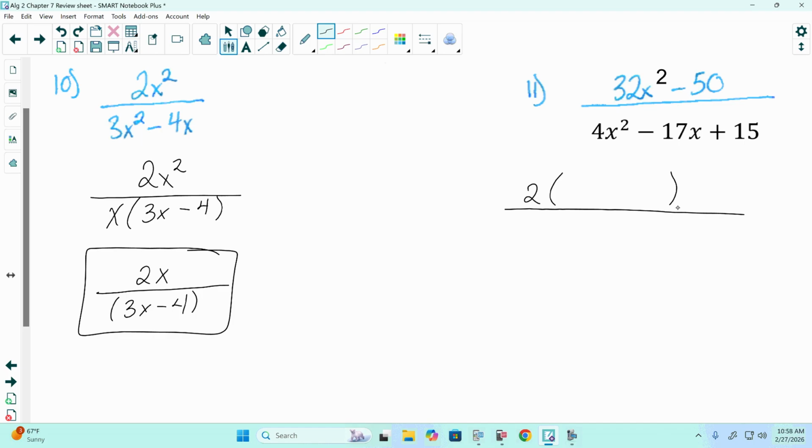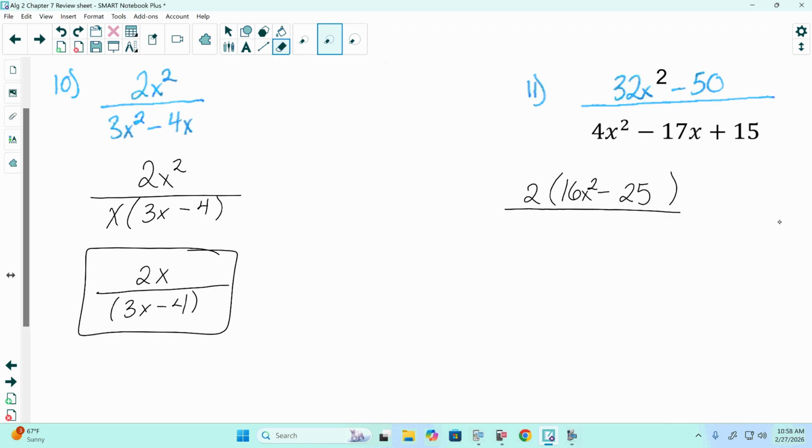If I factor 2 out of 32, 32 divided by 2 gives me 16. Since there wasn't a variable in common with both, we still have the x squared. Minus 50 divided by 2 is 25. I just started with 2 because that's one of the numbers I saw. I wasn't sure about anything else, but I factored it out, because there's nothing that says I can't factor something out again.